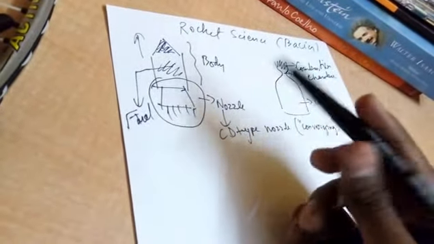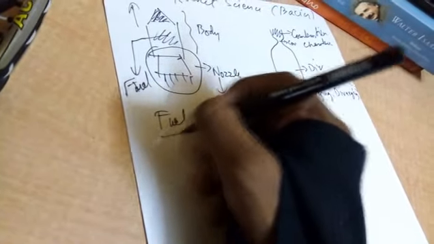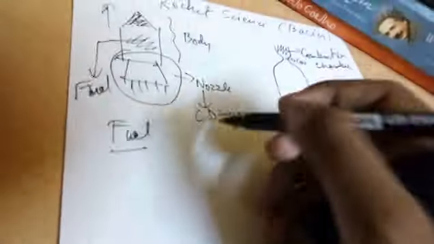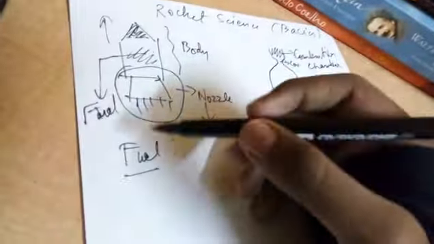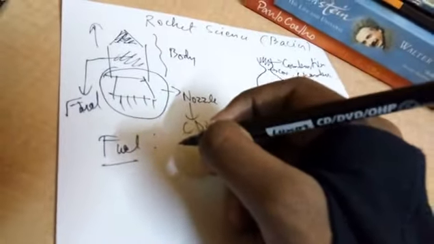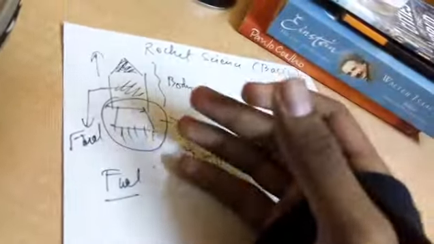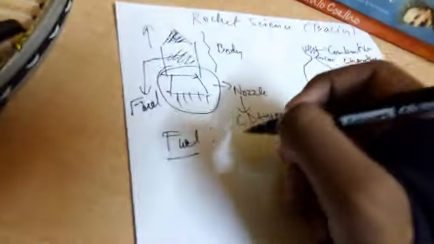So now let's discuss something about the fuel. I'm not going to discuss the basics of the fuel because that's very advanced chemistry and we don't want to do that. But just remember that it has something to burn and some oxidizer, something that has oxygen in it. Or if not, just oxygen, but it has to have some oxygen and something that is going to burn and give you the energy.